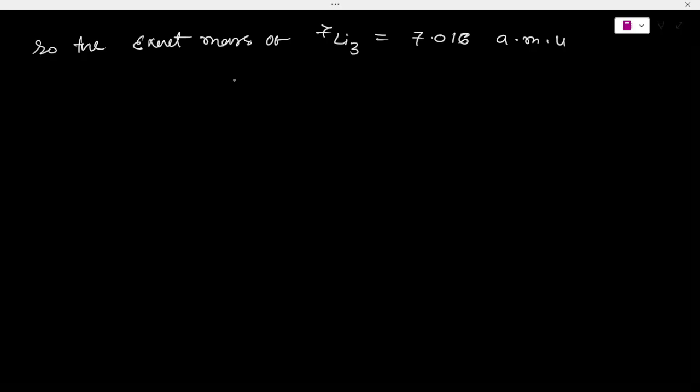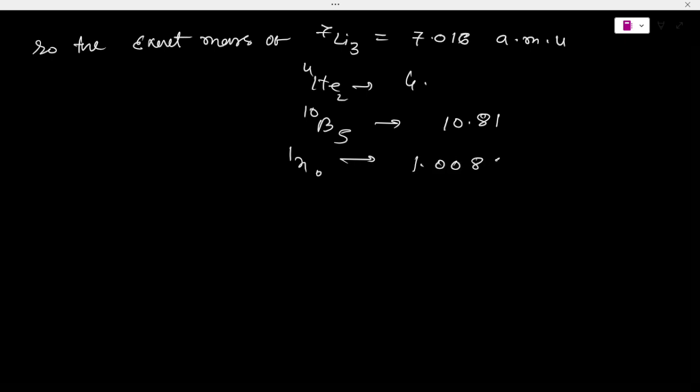The mass of helium 4 is around 4.0, for boron 10 it's 10.81 atomic mass units, and for the neutron it will be around 1.0086 AMU.